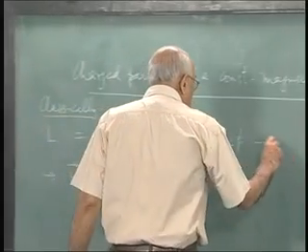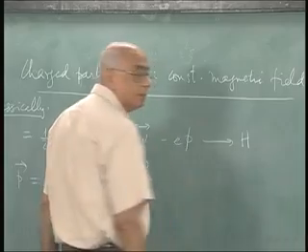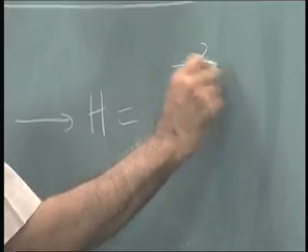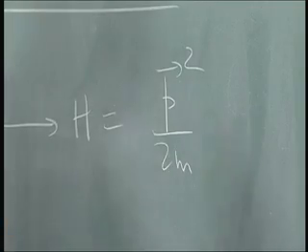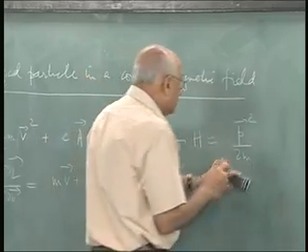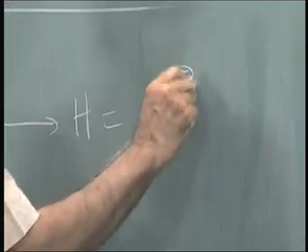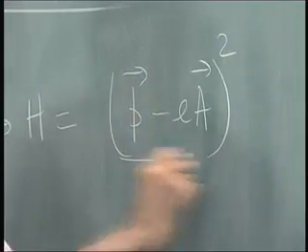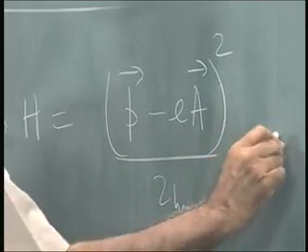Therefore when you put that in, you go to a Hamiltonian which for the free particle was p squared over 2m, but the moment you put in a magnetic field this is replaced by (p minus eA) whole squared over 2m plus e phi.